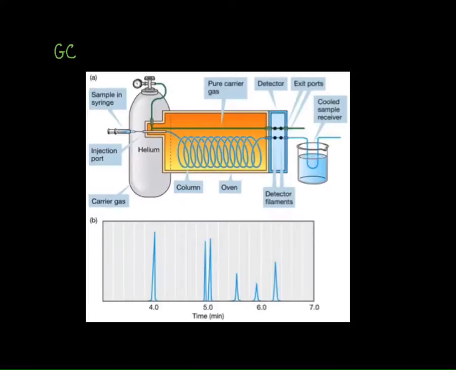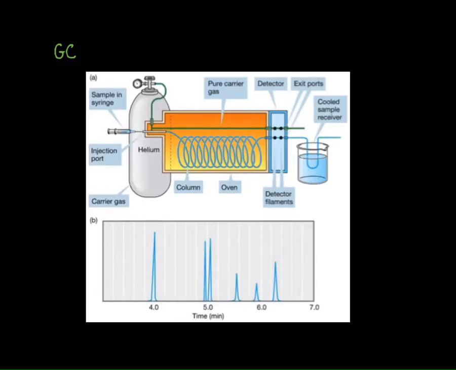And likewise, GC works kind of the same way, but now instead of talking about a liquid phase, we're talking about the gas phase. And here your carrier, your mobile phase, is a gas. Your stationary phase is some type of solid material.